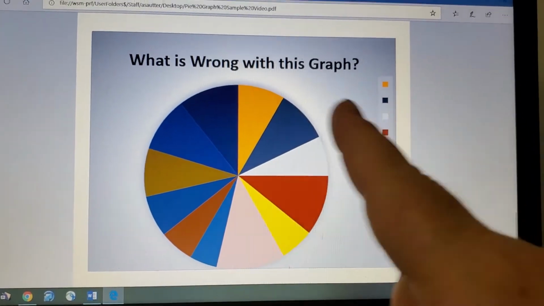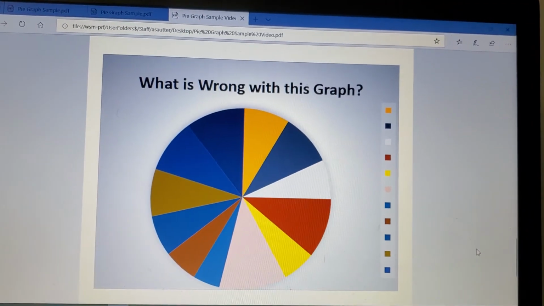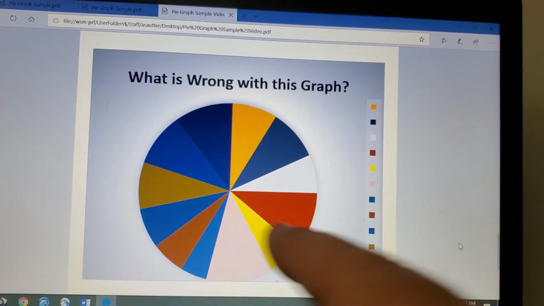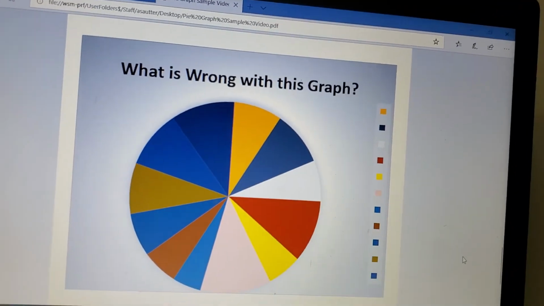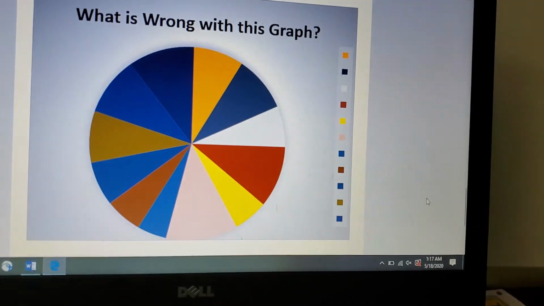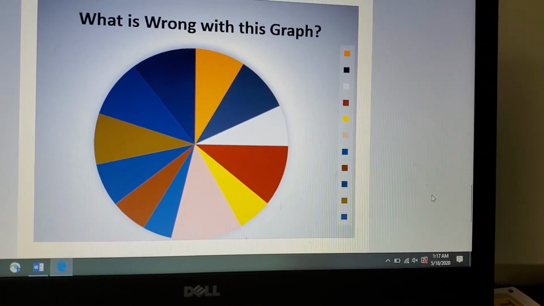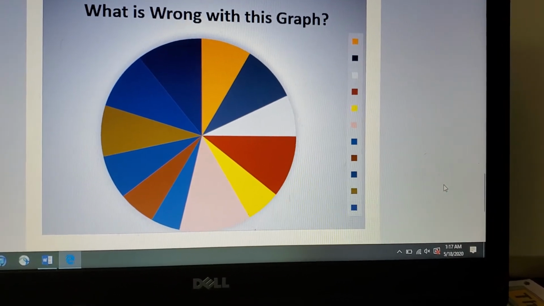I will tell you, because I created it, there are no duplicate colors. Each color is different and unique, but we've got a couple of blues here that are very hard to tell apart. There's some blues down here, which is a different shade of blue, but they're also hard to tell apart.